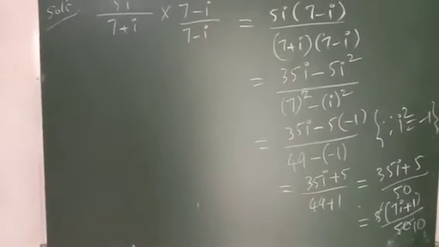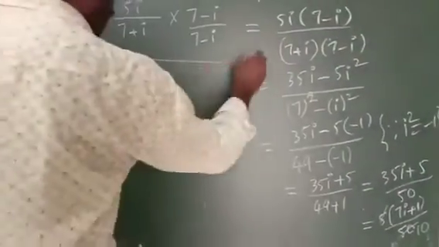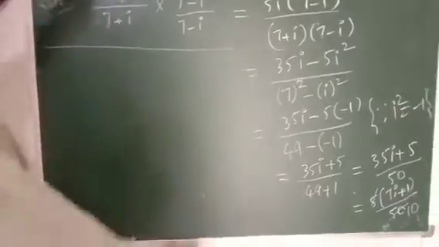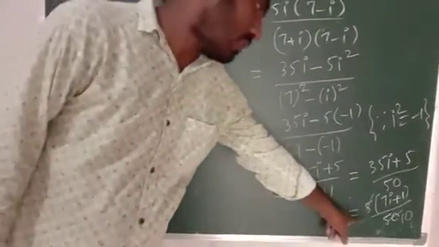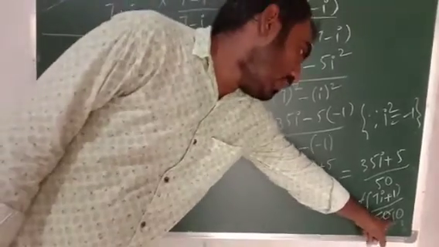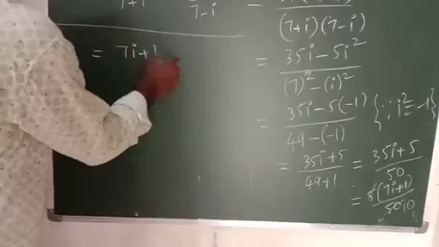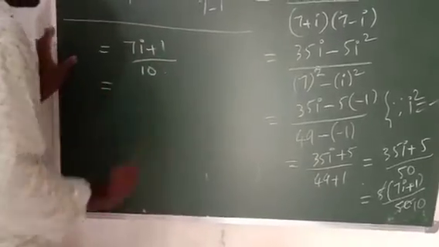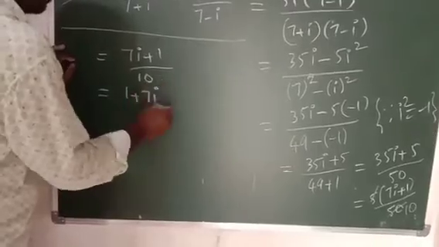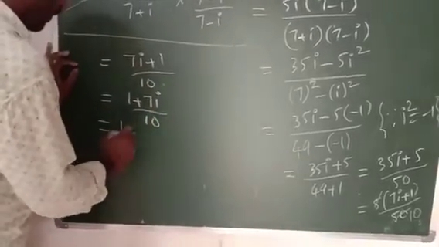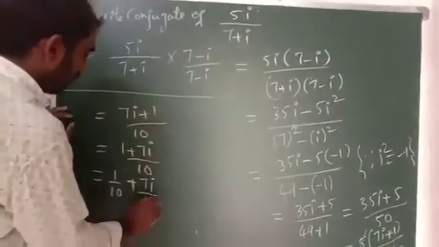So 5 into 10 is 50, and here it remains 7i plus 1 by 10. We can write this as 1 plus 7i by 10, or 1 by 10 plus 7i by 10.